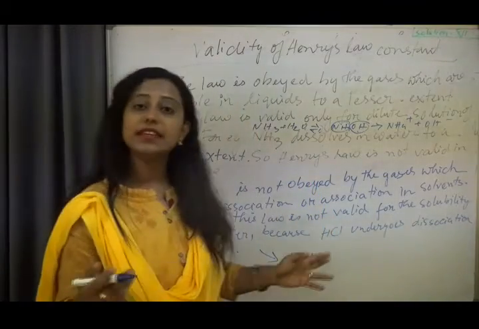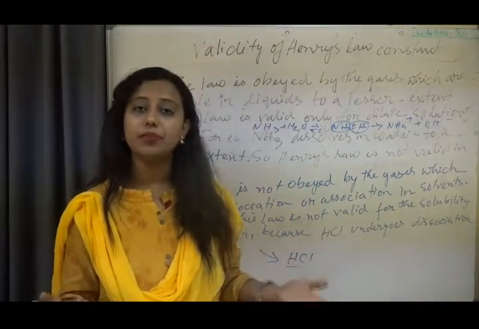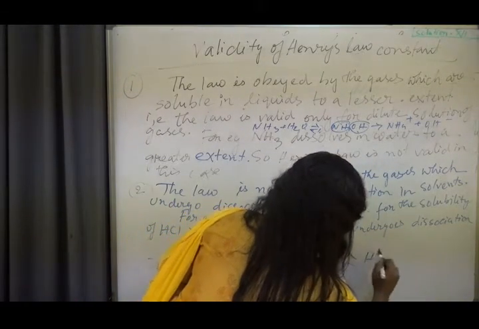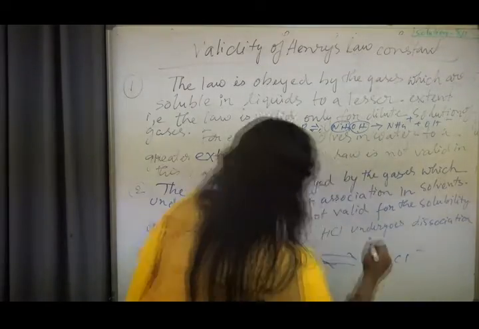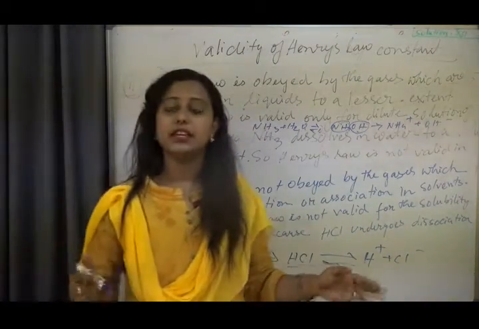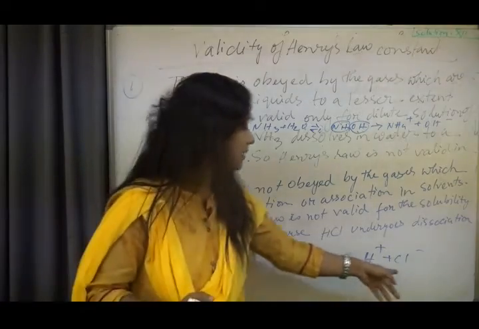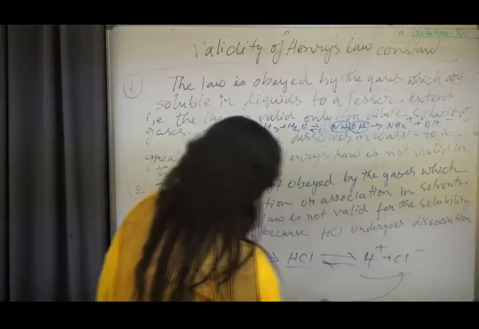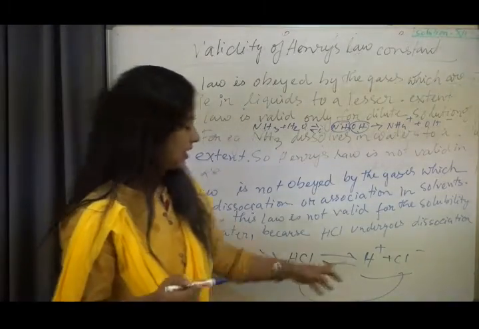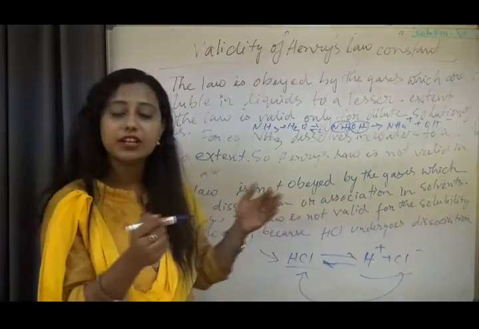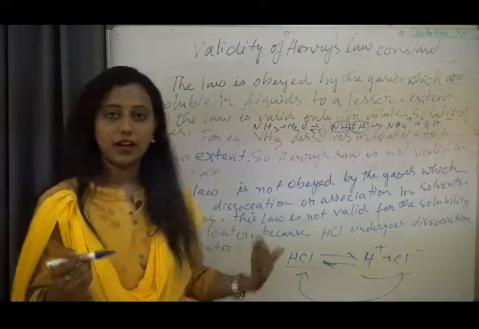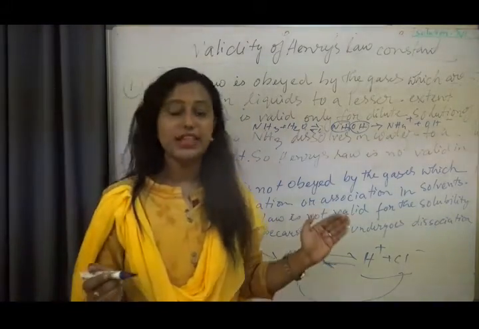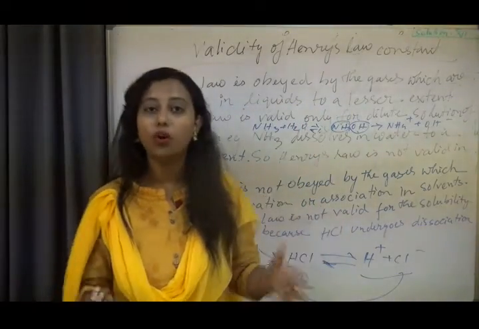So when hydrochloric acid is dissolved in water, it dissociates to form H plus and Cl minus, and also H plus and Cl minus form HCl. So the forward reaction is there and the backward reaction is also there. This is a reversible reaction. So in this case, Henry's law is not obeyed.